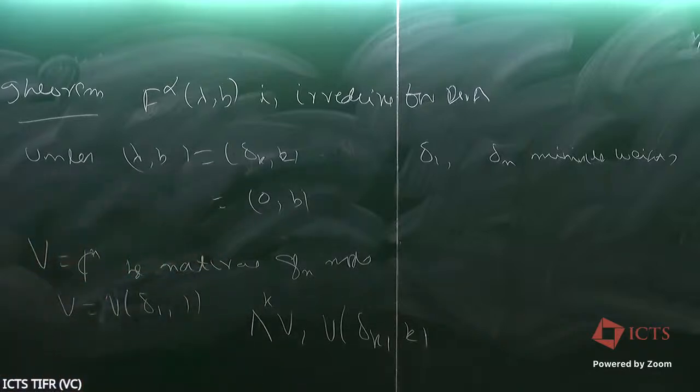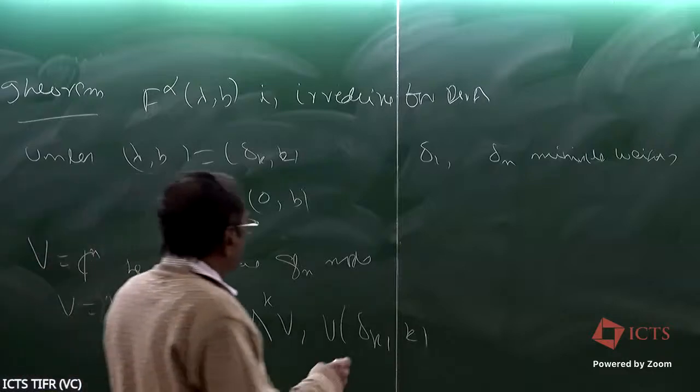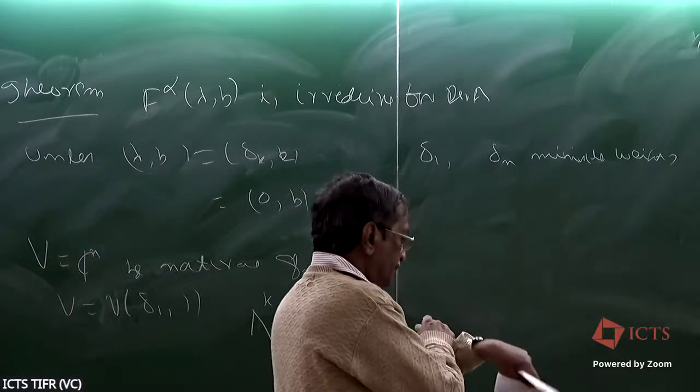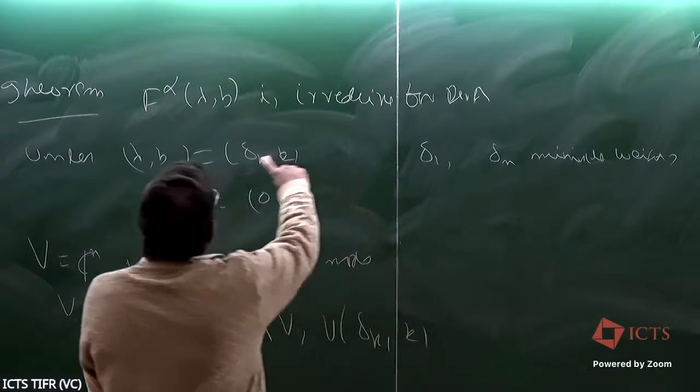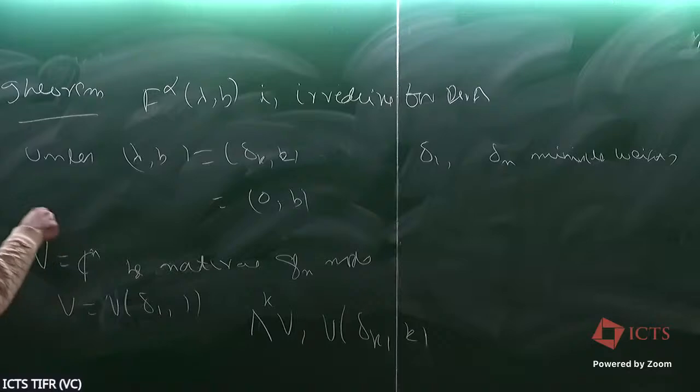So the module is reducible only in this setup. And moreover, it's irreducible most often. Very few cases it's reducible. There is only one proper submodule up to a trivial factor.